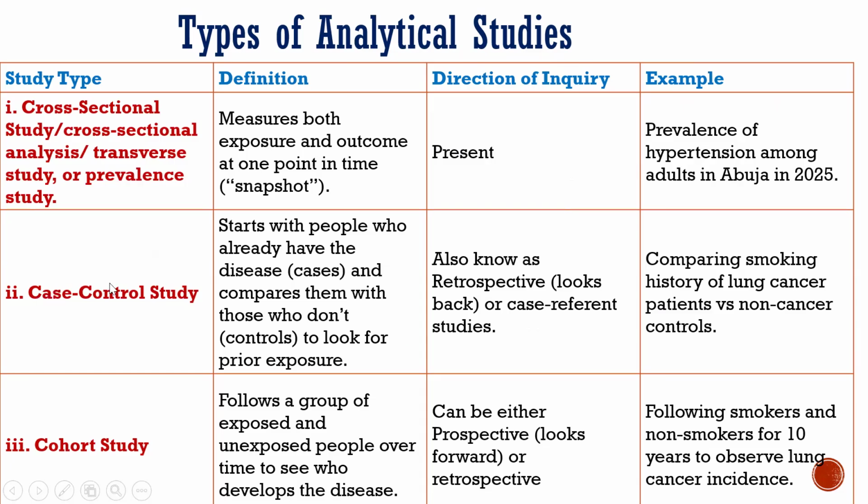Then case control studies involve two groups of people. Number one is people that have the disease, which are called the cases, and they are compared to those who do not have the disease, which are called the controls, to look for prior exposure. Case control studies can also be known as retrospective studies or case reference studies.